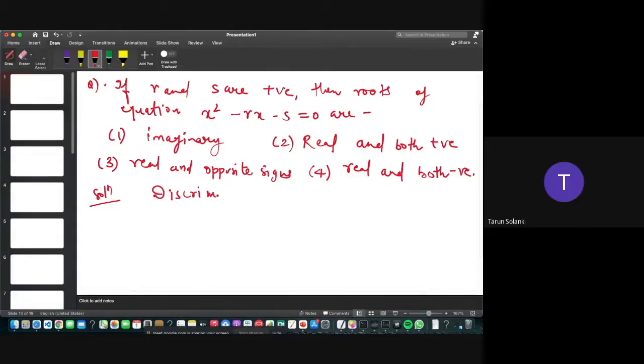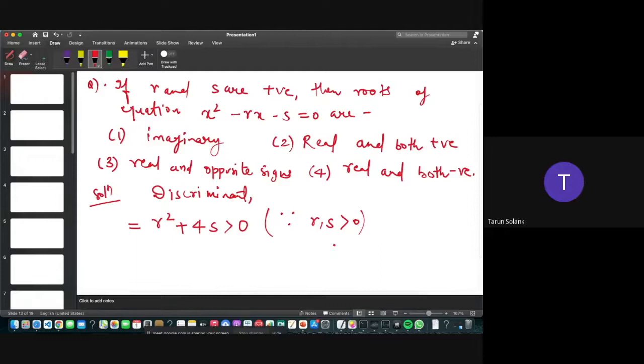Discriminant: b square, this is equal to r square plus 4s, which is greater than 0, right?